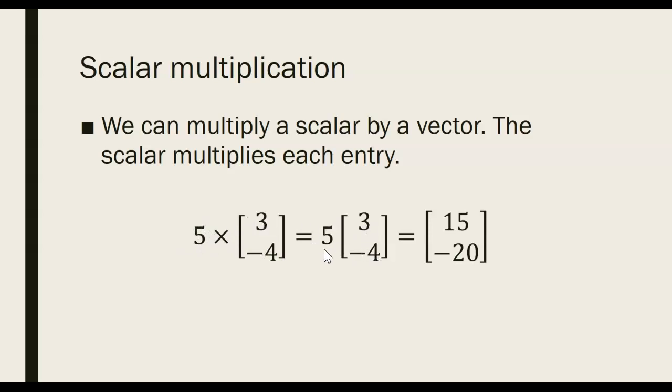So I take a real number like 5 and I multiply times a vector. If you do that, your scalar, your real number, multiplies times both entries. So 5 times (3, -4) is going to be (15, -20). 5 times 3 is 15. 5 times -4 is -20.